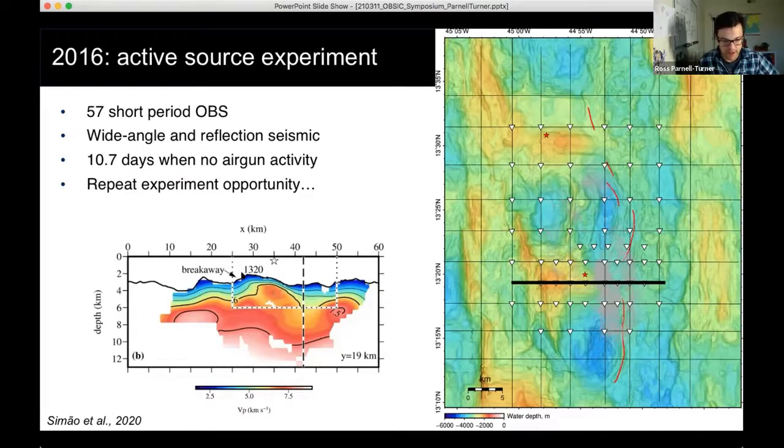And to get your eye in, you can see this dome shape of the 1320 detachment right here. This red star is the location of a hydrothermal vent system, which sits on top of the dome. And you can see the dome of the core complex has these relatively fast P wave velocities. And this is a pattern that's common in detachment faults we've seen elsewhere.